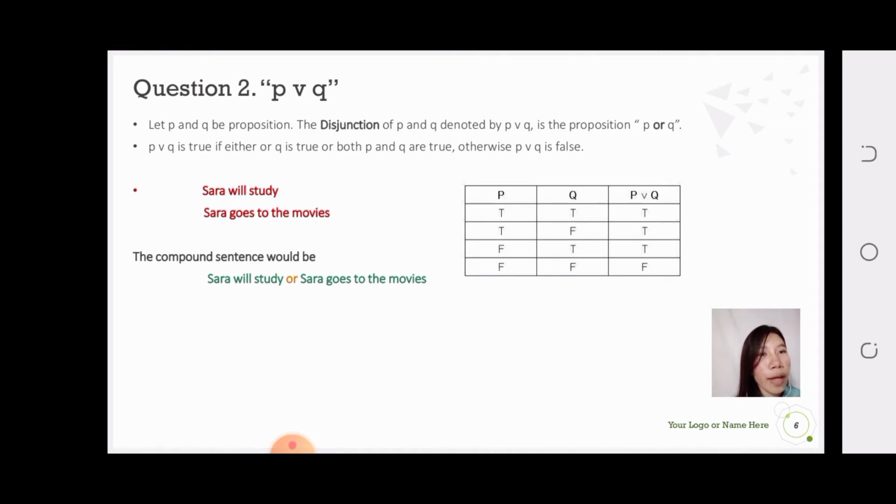So, the truth value is ang P ug Q, and then the result of disjunction: true, true, true, then true, false, true. It is because kay naaman tay true sa P, and then ang Q nimo is false, ang result ana is true kay naaman tay true. So, it is considered na true ang iyang result.